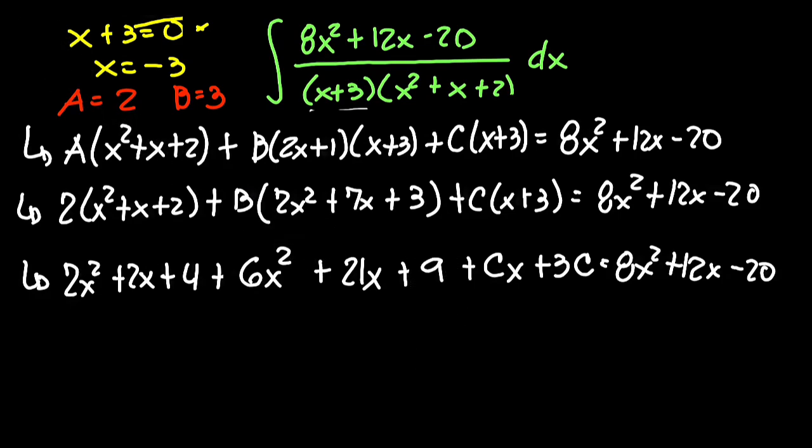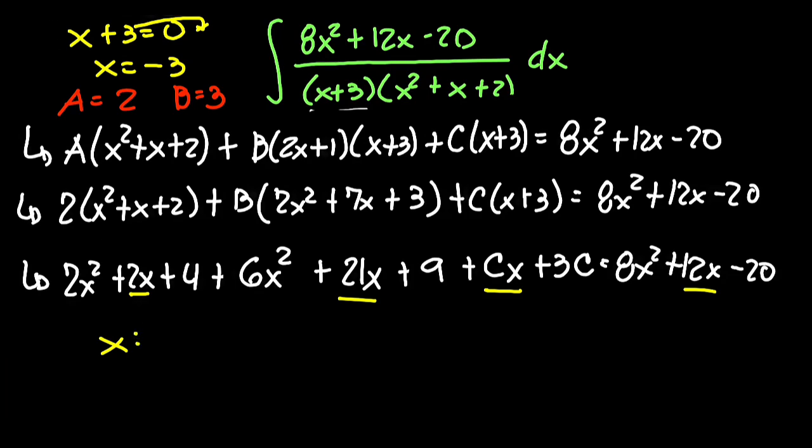Now that we have this, our last variable here is simply c. And since this is connected to x, just focus on getting all values that have a variable of x. This would be 2x, 21x, cx, and equal to 12x.